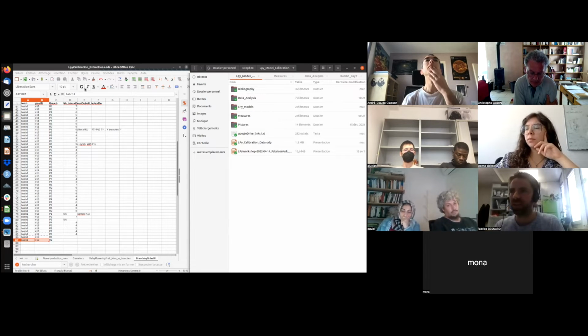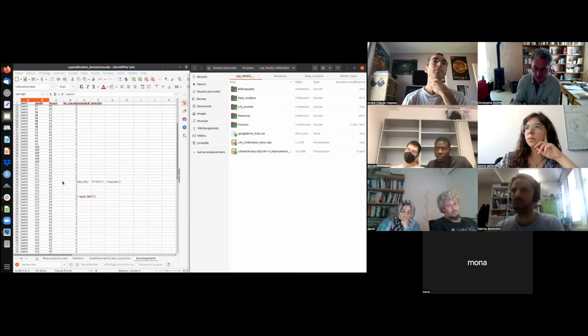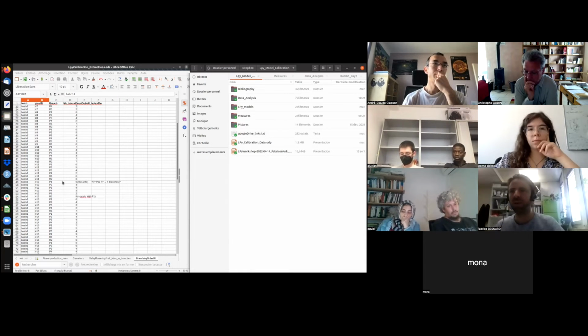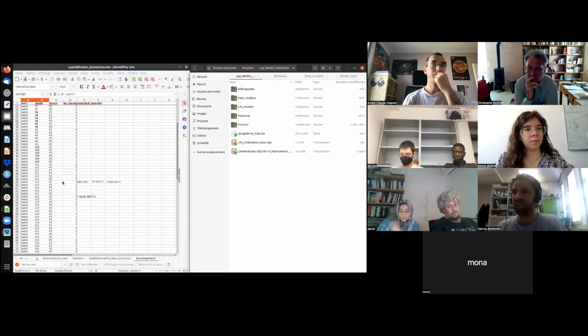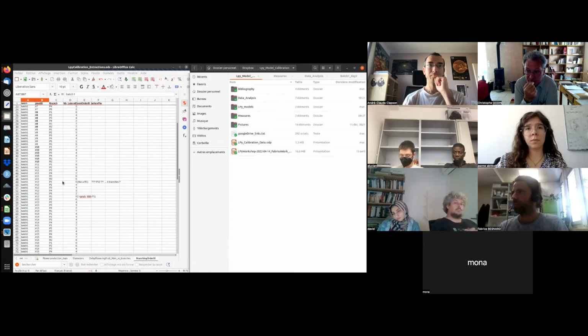From my data here, I estimate a typical petal length, typical sepal length, a typical delay between the flowering time of the main stem and the branches, for example. But of course, in my data, I have statistics and the real distribution of values. And so we will try to estimate, in a second step, the variation of this model to make a realistic variation. Yes, so that's a bit the working plan.